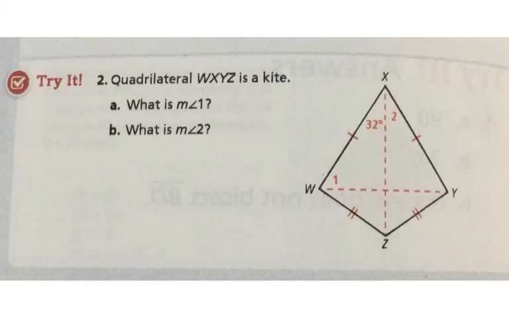Okay, I want you guys to try this one, and then we'll roll the dice. All right, who thinks they got the measure of angle 1? Grayson feels good about it. Anybody else? Aubrey thinks she's got it. Anybody else? Maybe.